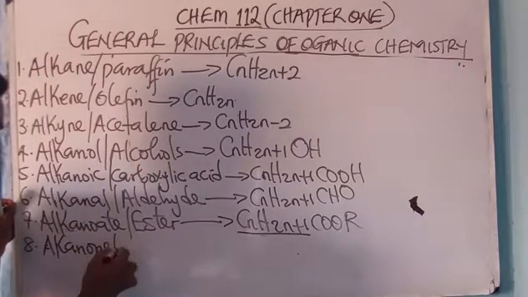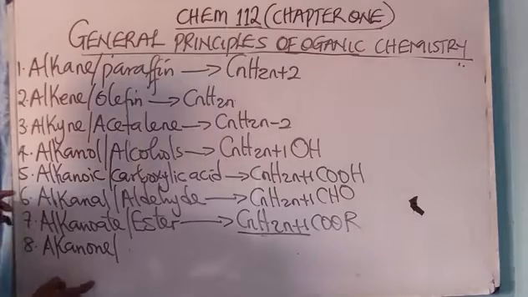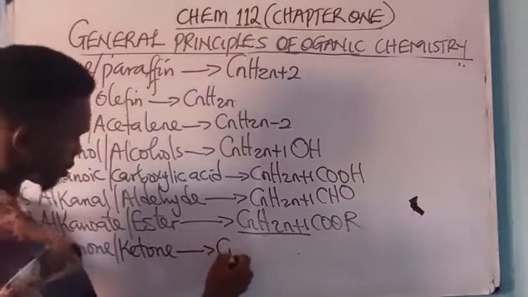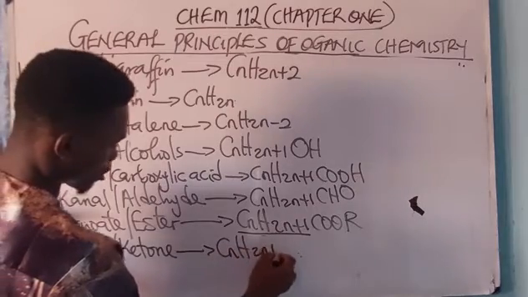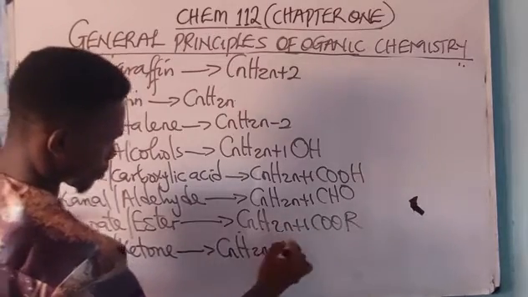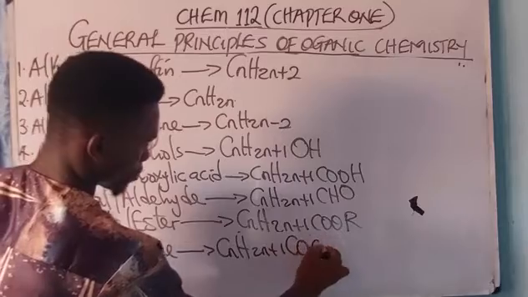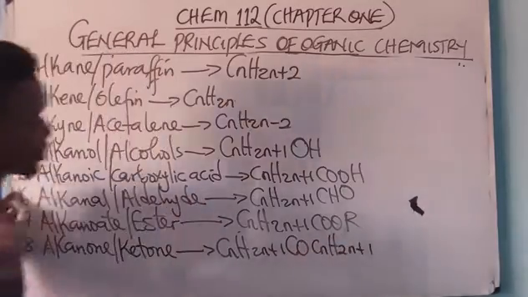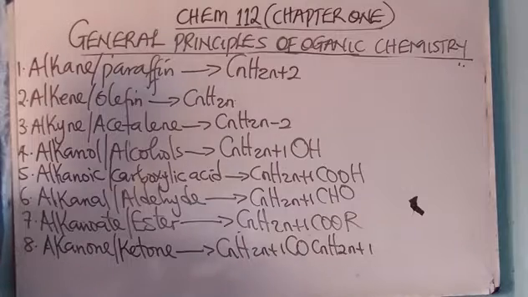Alkanone or what? Just ketone. The formula is CnH2n+1COCnH2n+1. So that is for the alkanone.